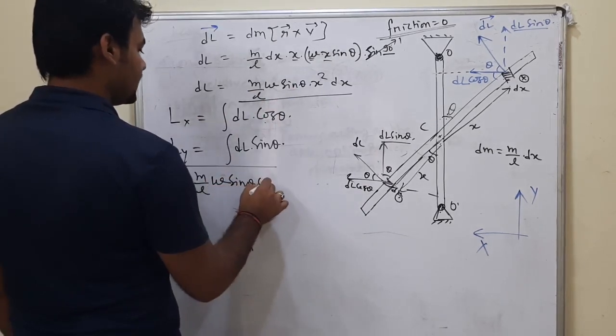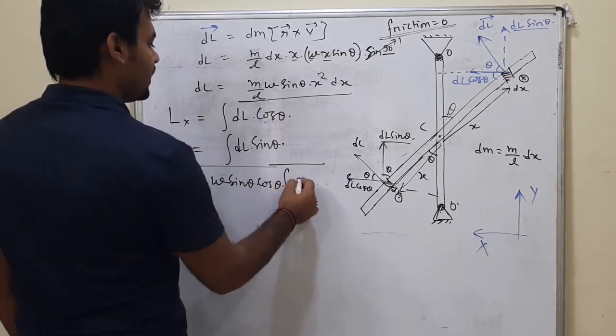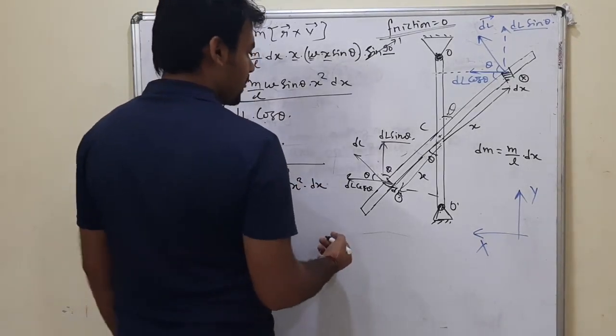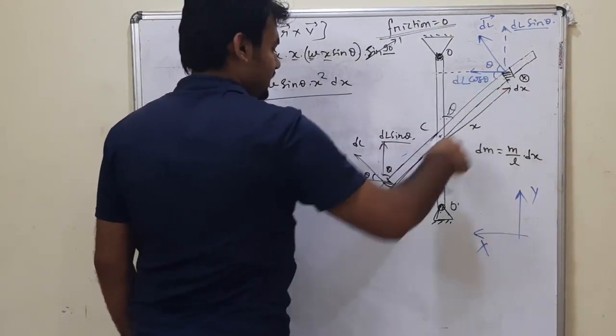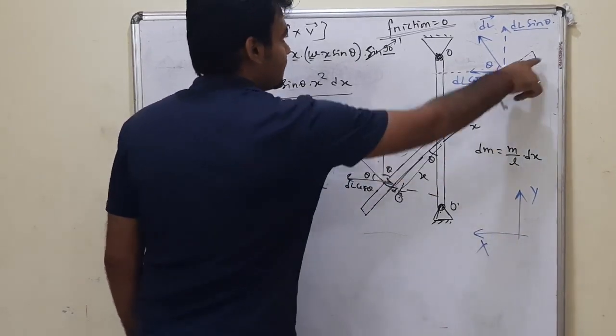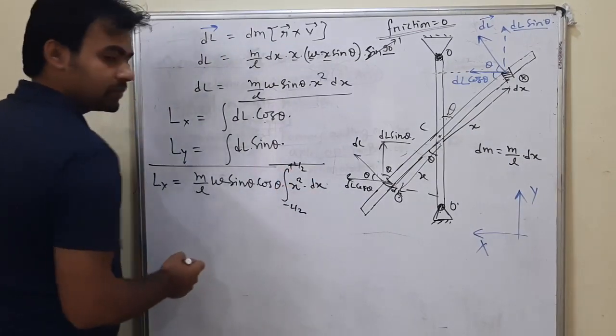This is cos theta, the integration, it will be x square into dx, and from where to where I have to take limits, from this element to that element. Here this element is at a distance minus l by 2, and for this it is plus l by 2, minus l by 2 to plus l by 2.